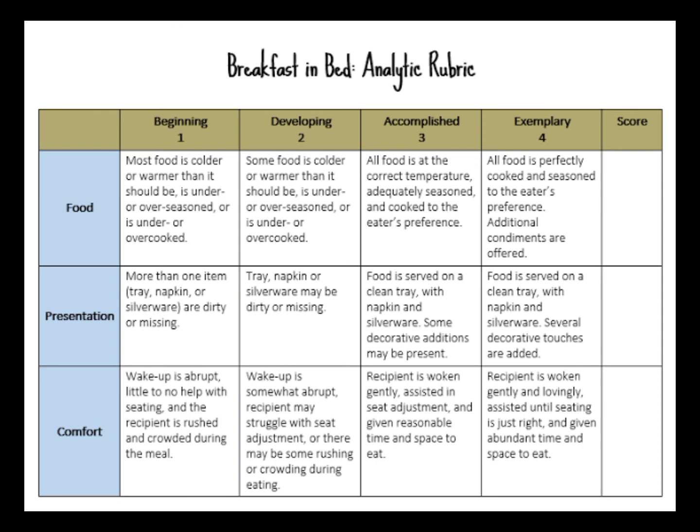Accomplished or 3, recipient is woken gently, assisted in seat adjustment, and given reasonable time and space to eat. Exemplary or 4, recipient is woken gently and lovingly, assisted until sitting is just right, and given abundant time and space to eat.